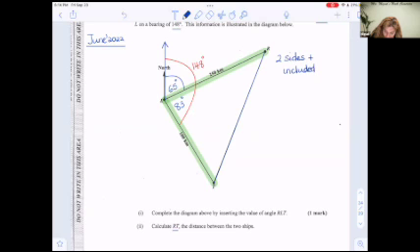So the first thing we have to do is label it. We're going to use the cosine rule.